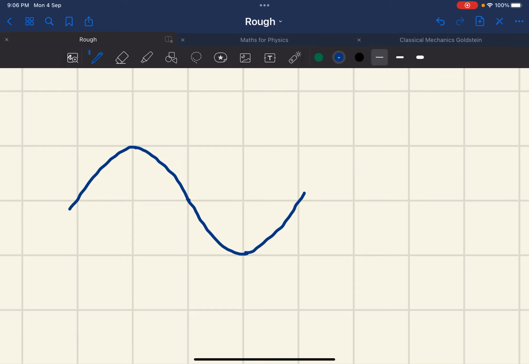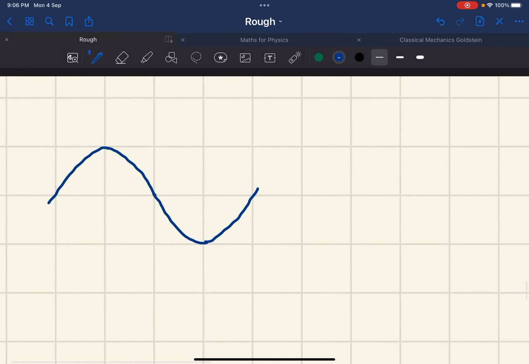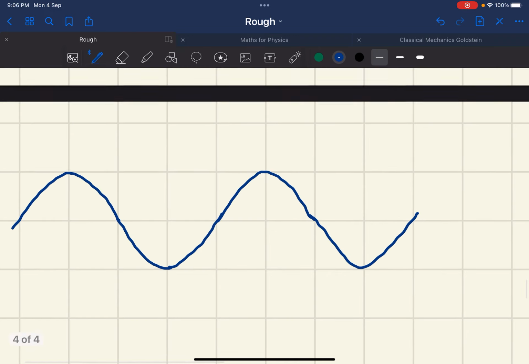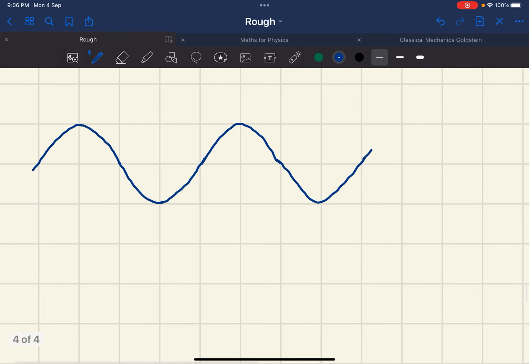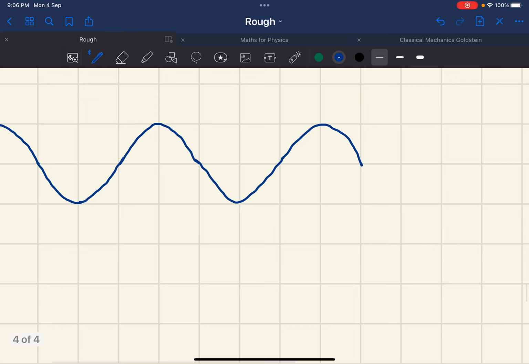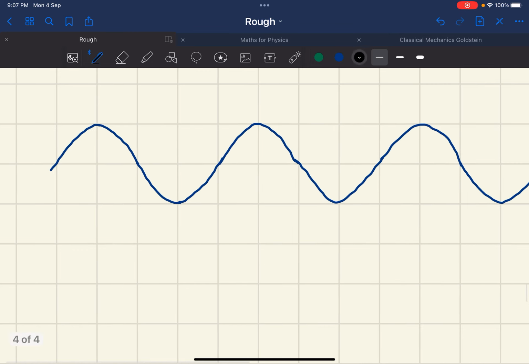So all waves are made of repeating shapes bunched together. For example, here's a representation of a wave. You might see each unit of the wave is going to be like this.